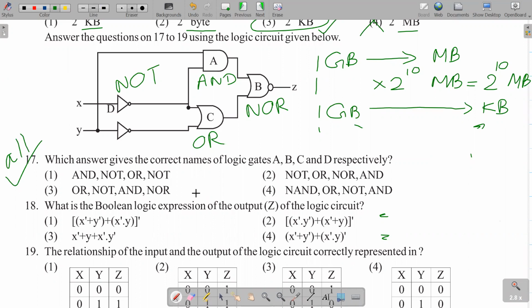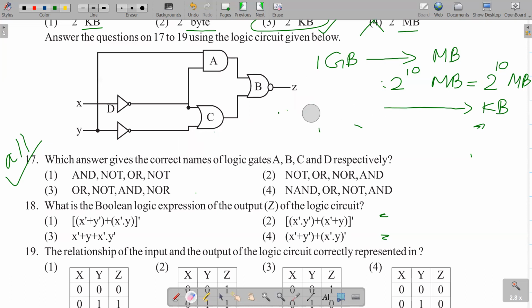Okay, the next one is talking about the Boolean expression of the output Z. When it comes to the Boolean expression, we have to solve this and see what it's going to be. Simple as that.